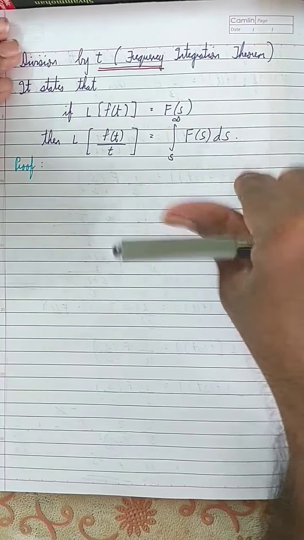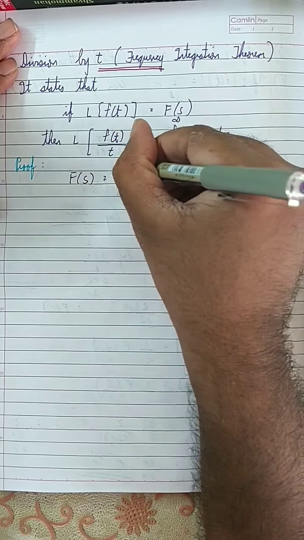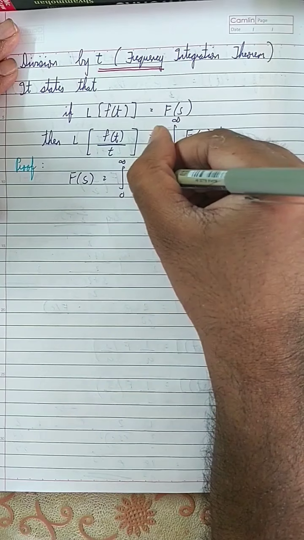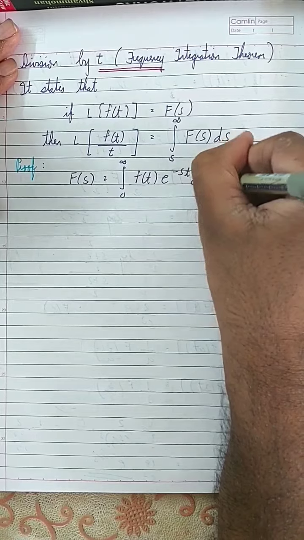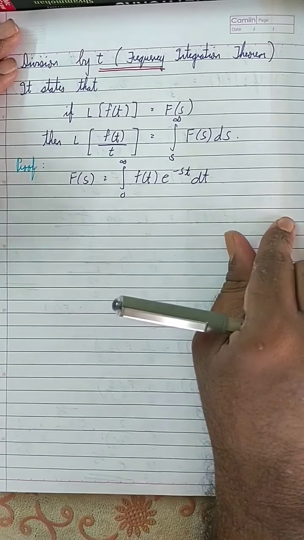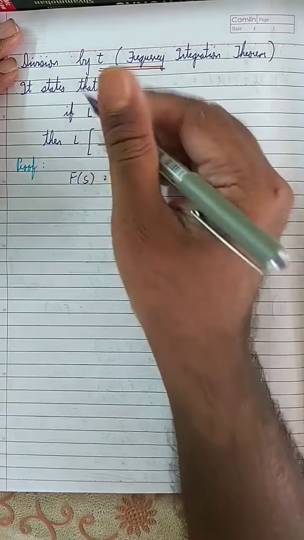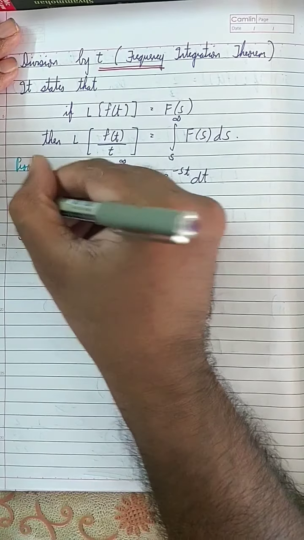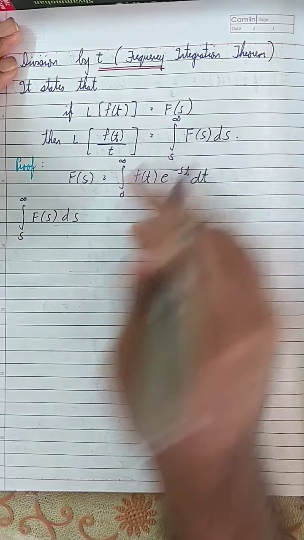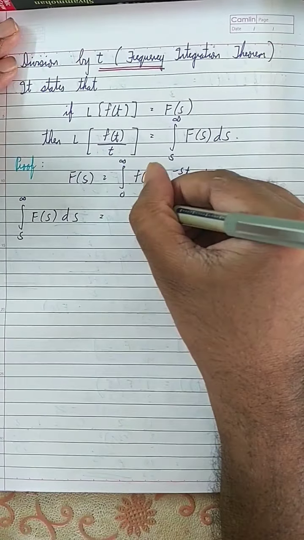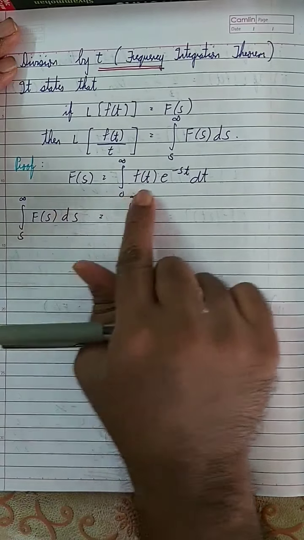So here we all know that F of s is equal to integral from 0 to infinity f of t into e raised to minus st dt, right? We all know this. What I'm going to do is integrate this with respect to s from s to infinity. So this will become integral s to infinity F of s ds. Okay, this can be written as integral from s to infinity. Now I'm going to expand the term F of s, which is this equation.